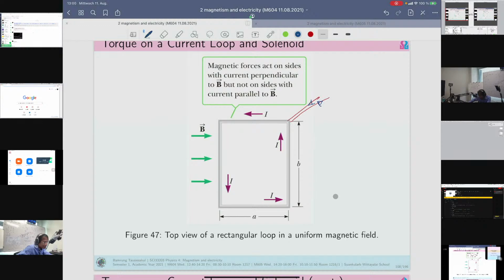We will determine the force, but the more sophisticated quantity apart from the force is the so-called torque. Torque, as I told you, is like a moment, the multiplication of the force and the distance.